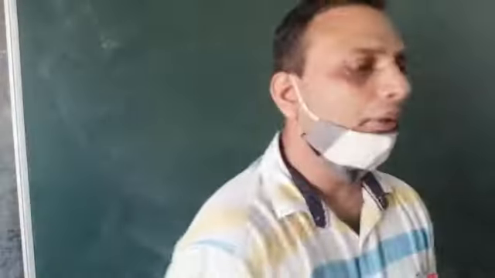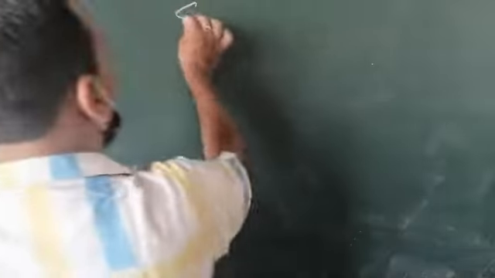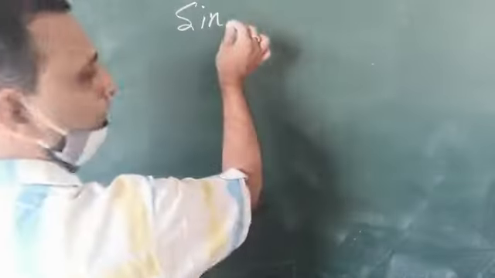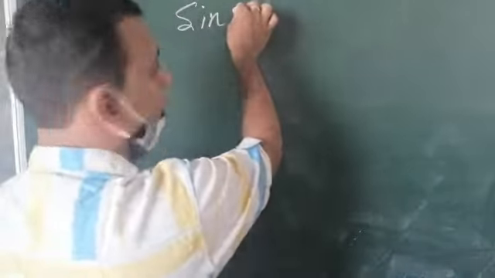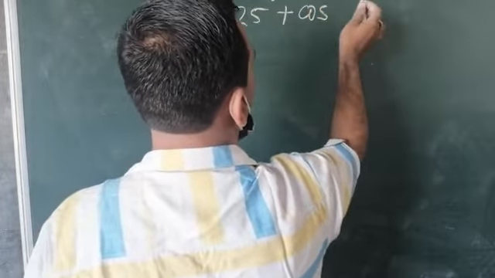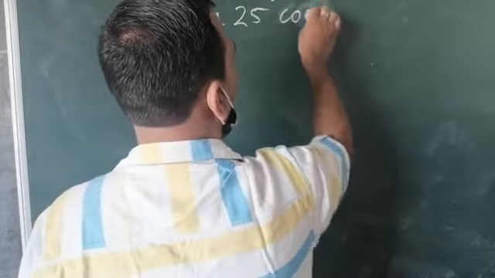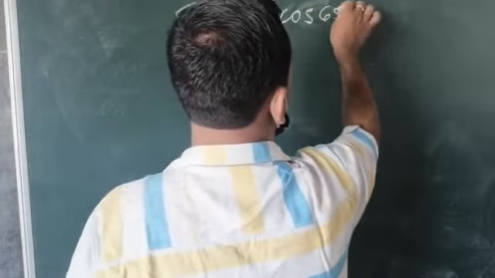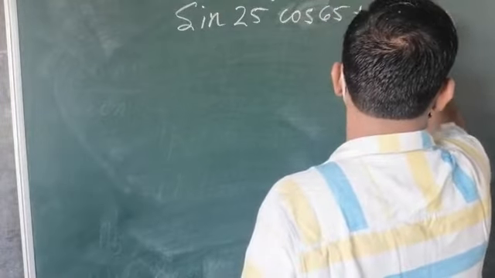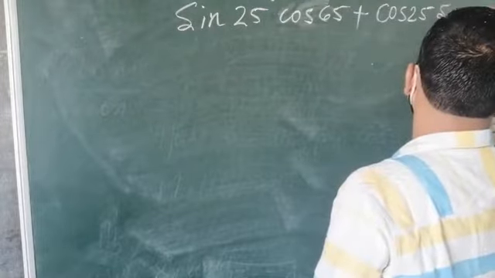What is the next question? Sin 25 degree cos 65 degree plus cos 25 sin 65.